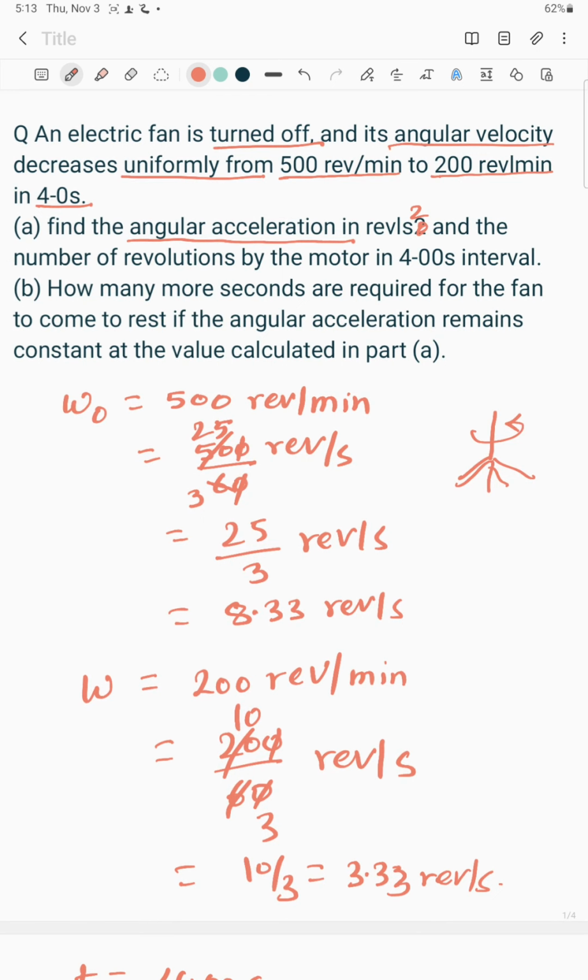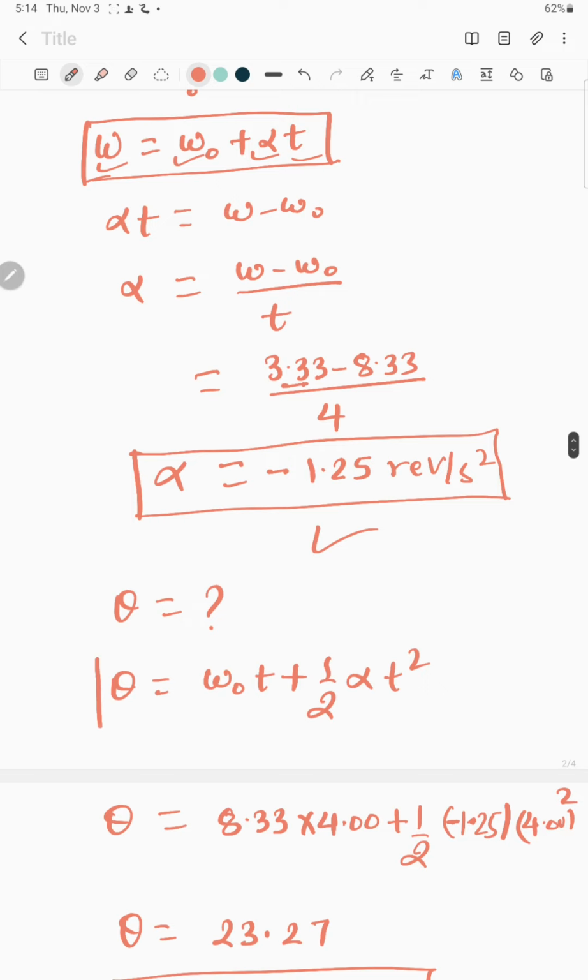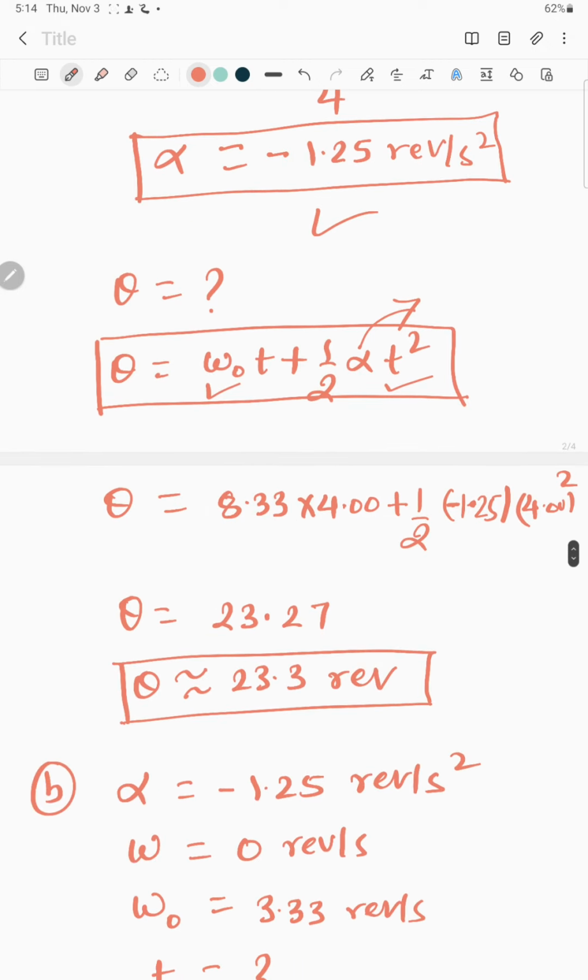And then the number of revolutions. So this is theta, right? We have another equation to find the number of revolutions. So this is the equation here. From the first part, we have the value of alpha, the rotational acceleration. Time we already know. Initial angular velocity we know. We can plug everything into this equation and get this value.